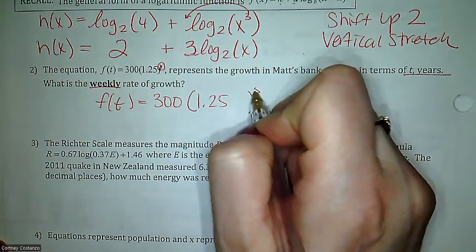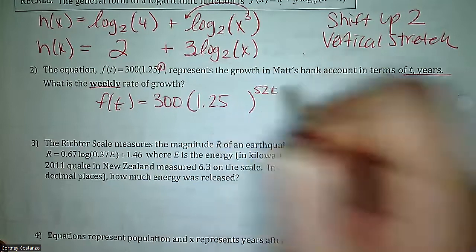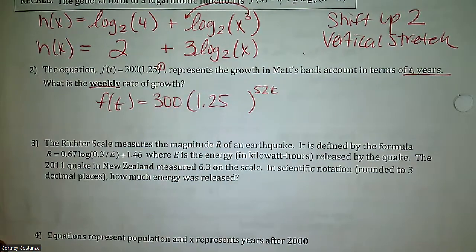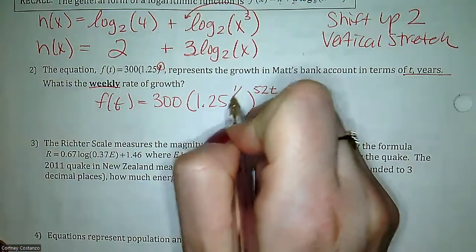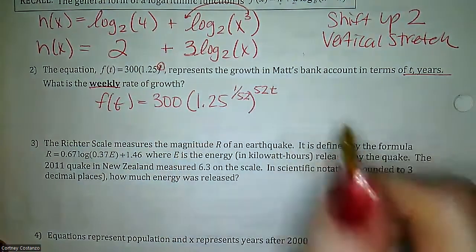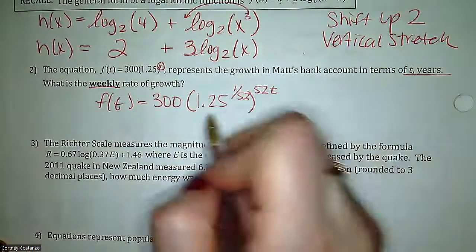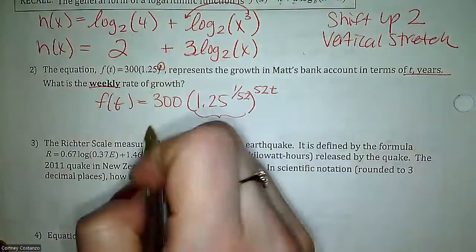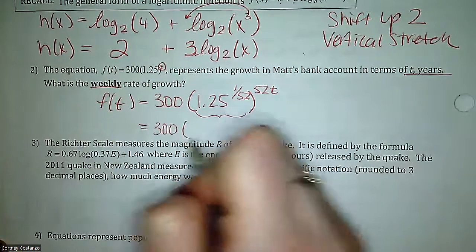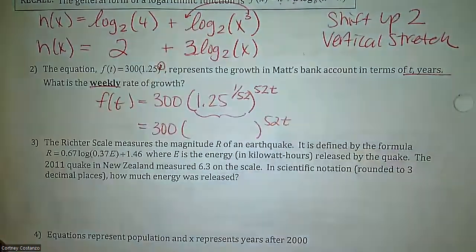A week, there are 52 times in a year that weeks happen, but I want to know how much it's growing in one of those. So I need to balance it by saying, okay, I just want 1/52nd of this. This should help tell me what my rate for 1 week is. So let's find out.